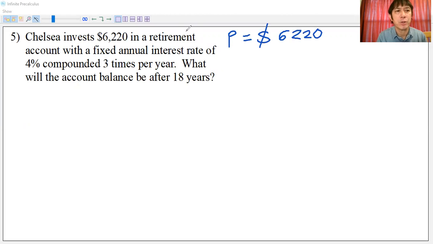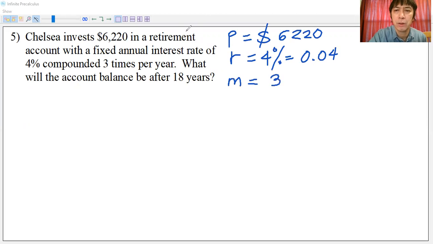Interest rate, annual interest rate, is 4%, equivalent to 0.04. Compounded 3 times per year. That should be M equal to 3, times 18 years.